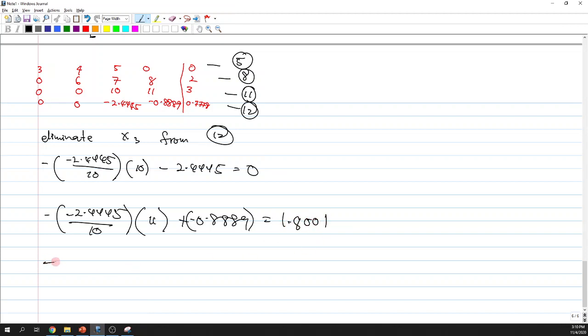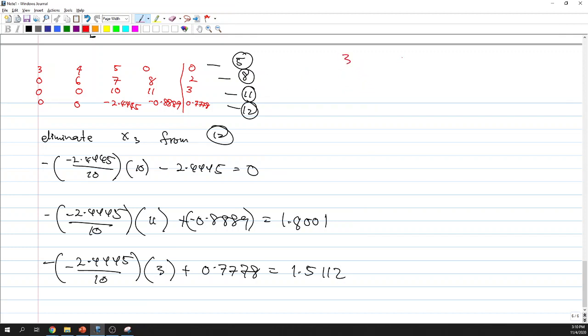So this one become 1.8001. Okay, the last one is 2.4445 divided by 10 times with 3 plus 0.7778, become 1.5112. Okay, so we rewrite the final equation.